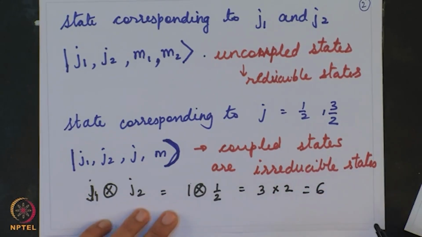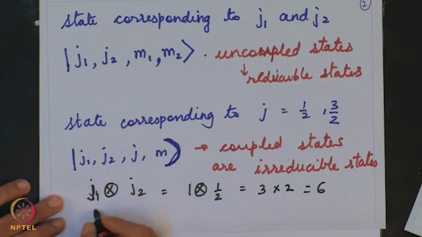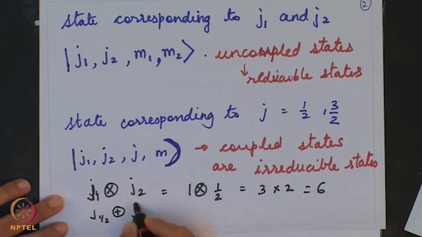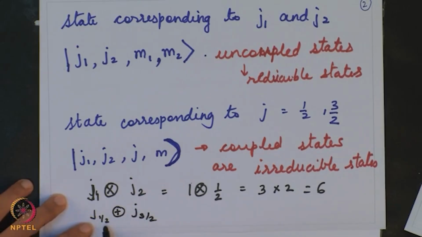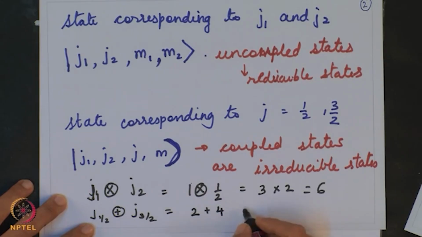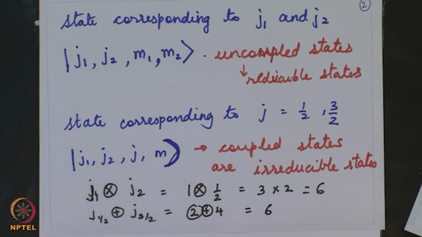This is nothing but 6. Similarly, I will find the dimensionality for J when J is half and when J is 3 by 2. When J is half, the dimensionality will be 2, and when J is 3 by 2, it is 4. So this is 2 plus 4, that is 6. Dimensionally you can see that the two dimensions are matching.